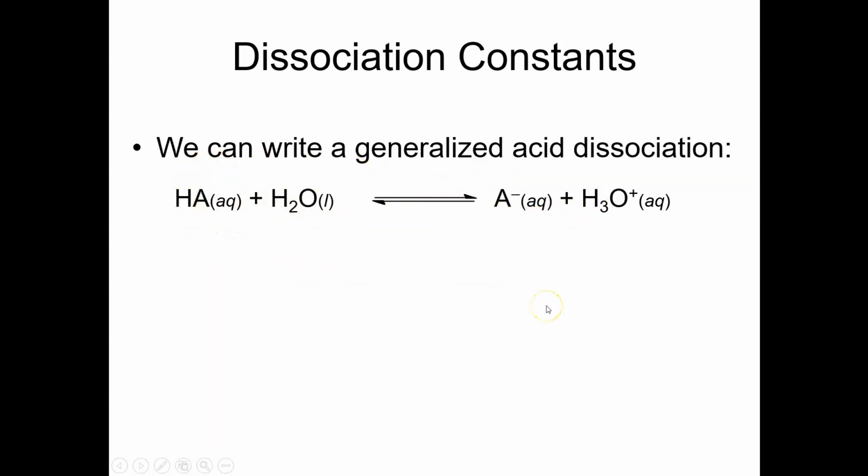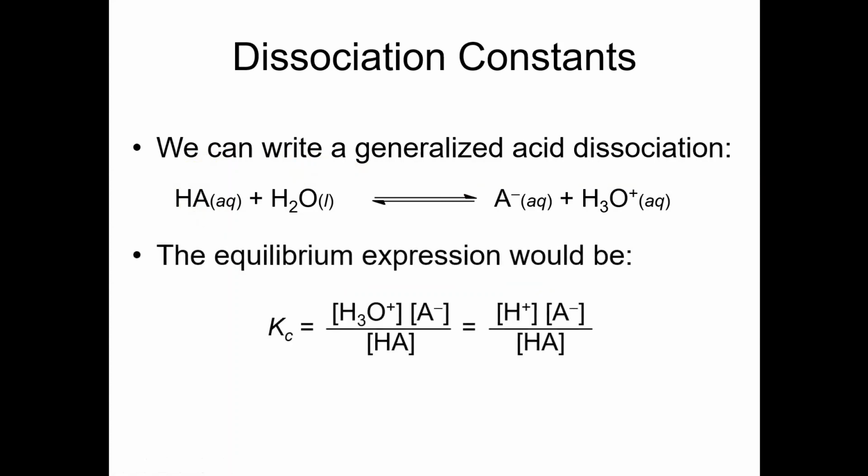And so we can write the equilibrium constant expression for that. Once more, we're going to leave the water out because it is not only a reactant, it's also the solvent. Therefore, either one of these would be an acceptable equilibrium constant expression for this reaction.